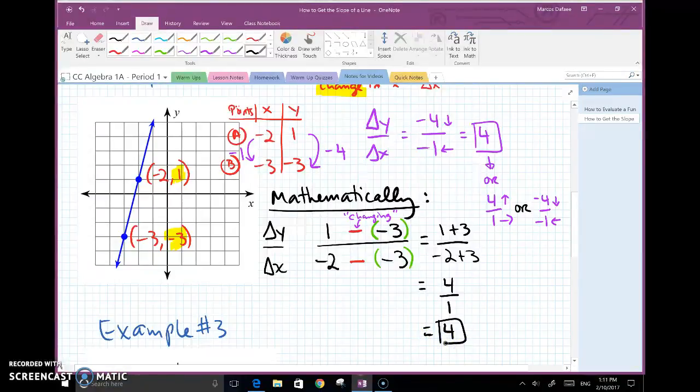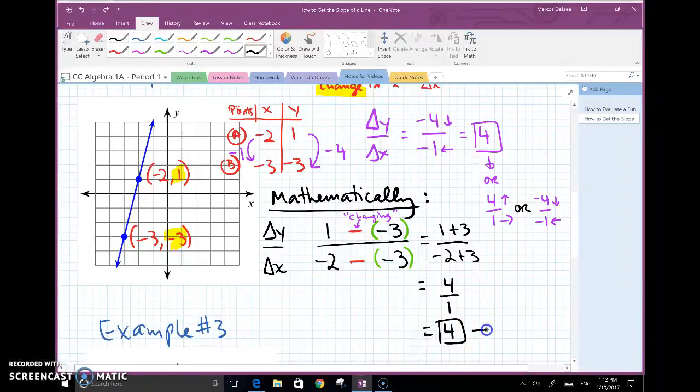All right, so that is my slope, which I got over here before by counting. Whereas over here, we got this by using the idea of change, representing subtraction. And we get the same answer.